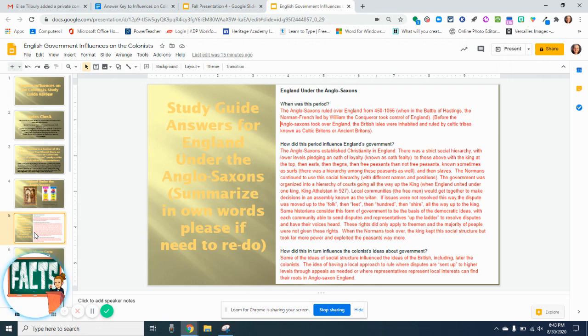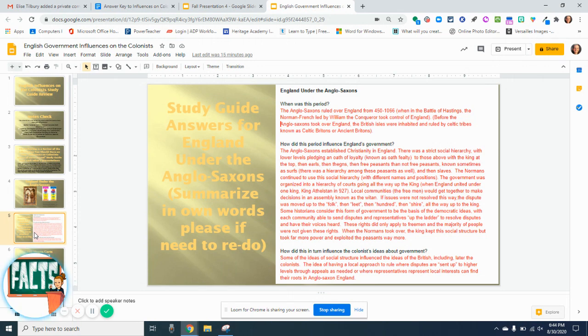When the Normans took over, however, the king kept the social structure but took far more power and exploited the peasants way more. So William the Conqueror really established this idea that the king was given power by God and through the church.